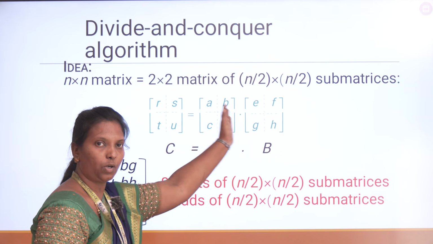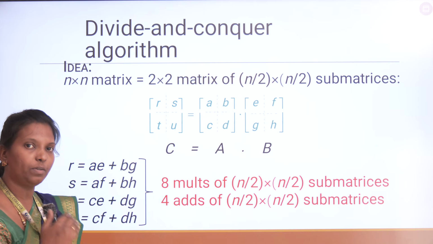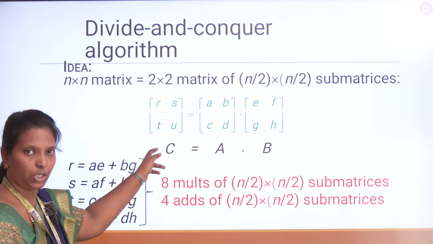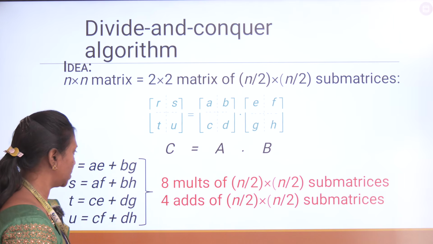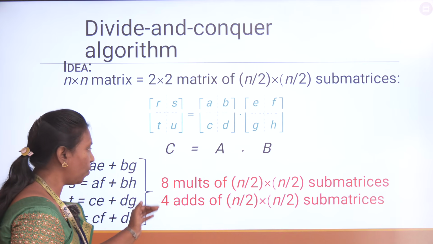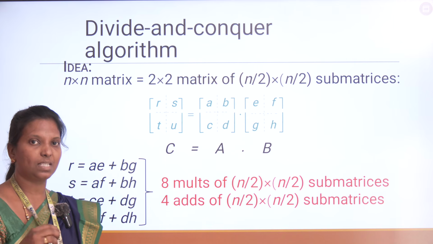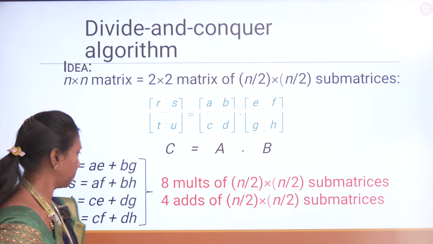Row and column, similarly row and column, we need to do this 4 times for the R, S, T, U values. After invoking that, we get the solution with 8 multiplications of submatrices and 4 additions of submatrices. So this is the total calculation for matrix multiplication.